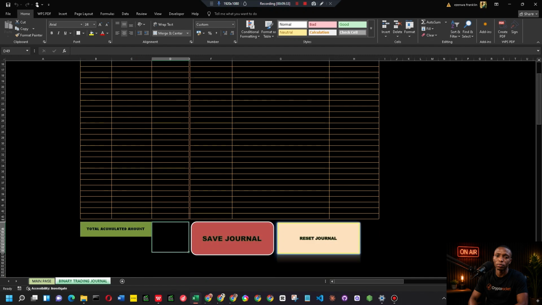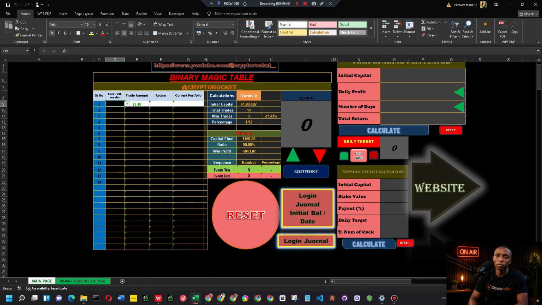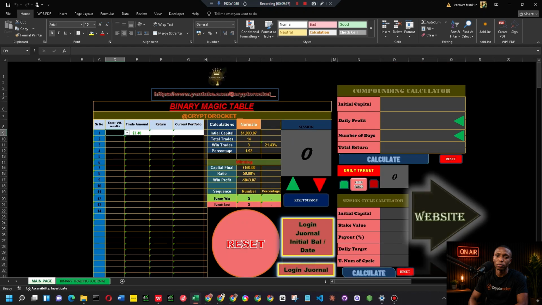After everything, it will show you accumulated balance, and you can save it to your folder and reset. We will come to this place later. So we are still on the main page tab, and that is for the login journal and initial balance slash date.